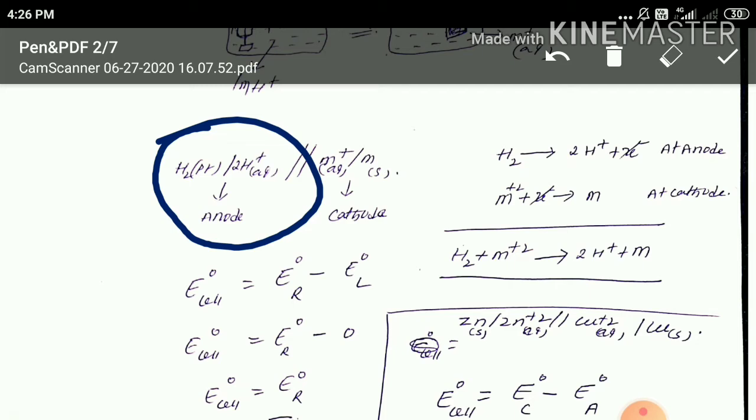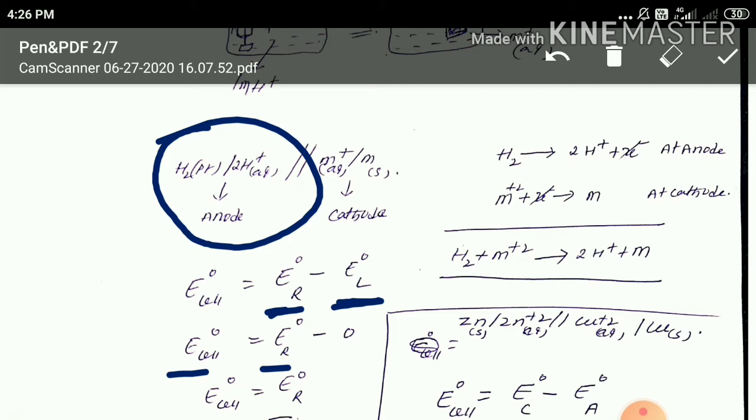The EMF value of the cell is equal to the standard reduction potential value of the cathode minus the standard reduction potential value of the anode. So now the overall EMF value of the cell is equal to the standard reduction potential value of the metal half cell, that is the unknown half cell.